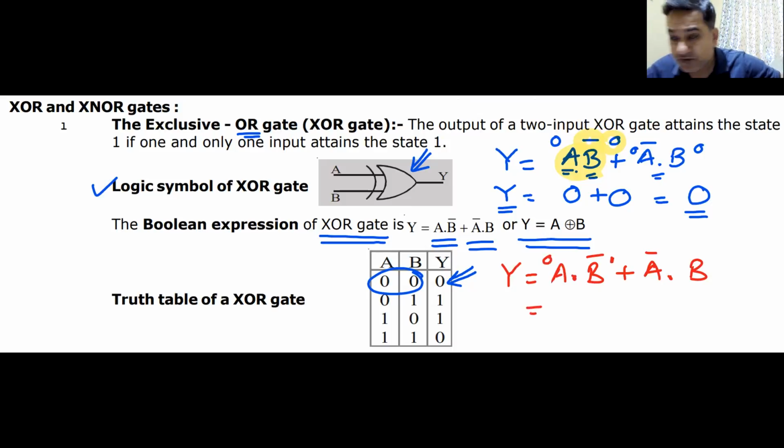Can you tell me the result of the first expression? First, we find B's complement. B is 1, so B's complement is 0. 0 dot 0 is 0. So the first expression is 0. Yes or no?